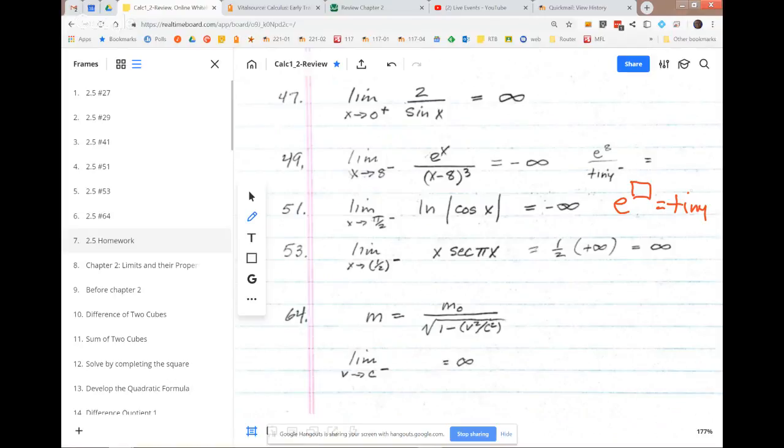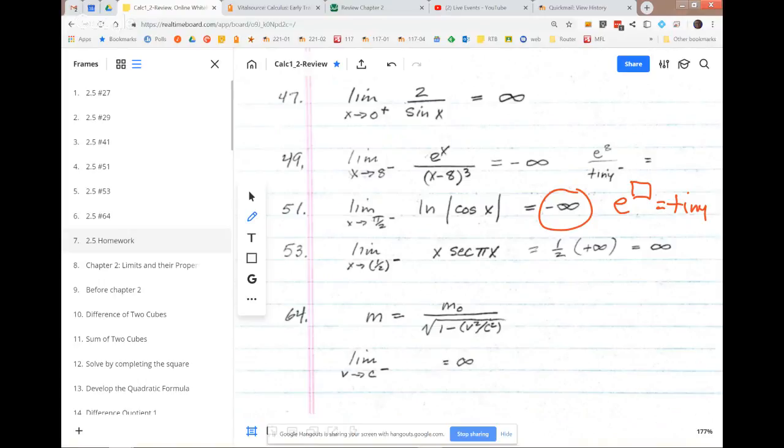It's going to have to be a huge negative number, like e to the negative 2 trillion, to make it really small. So the answer is negative infinity. Let me know if that didn't do it.